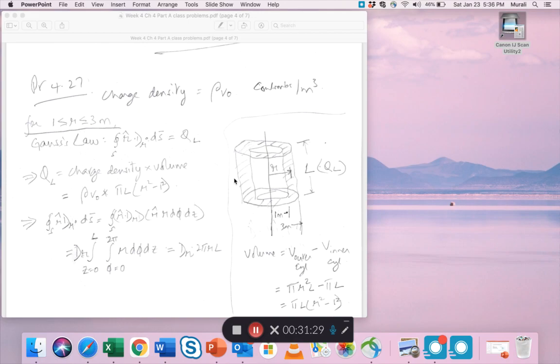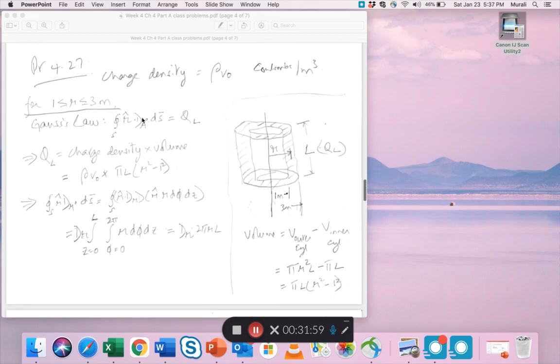So charge density is some value for r lying between 1 and 3. If r is here in the middle of the shell between 1 and 3, you apply Gauss's law, you think of a surface here, and Gauss's law will be like this.